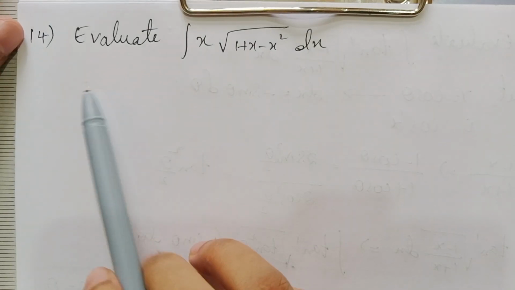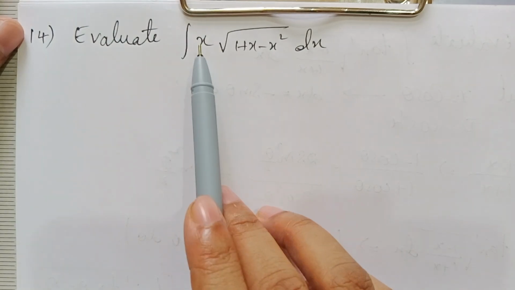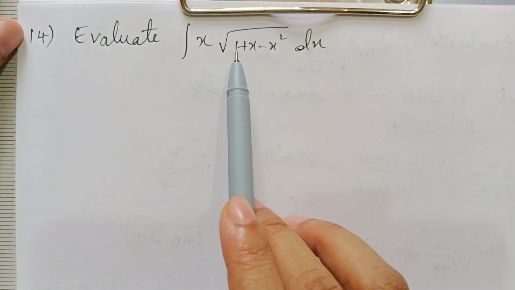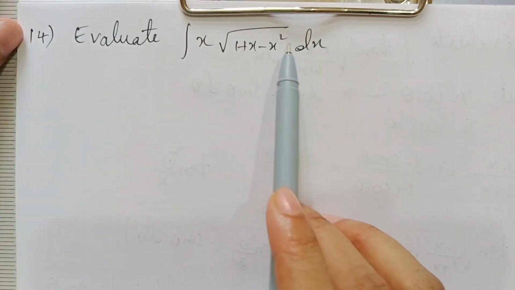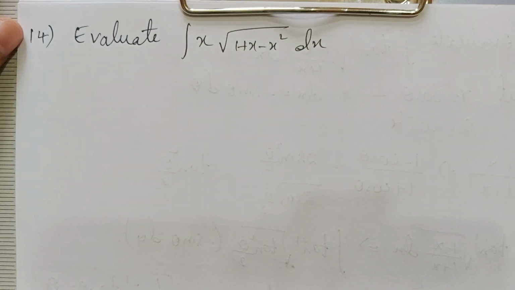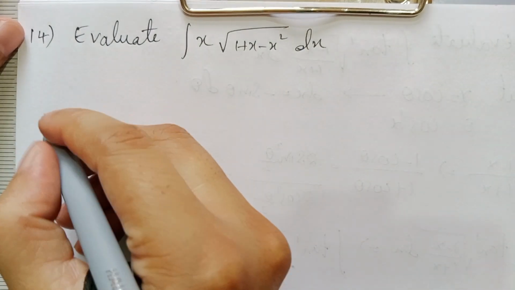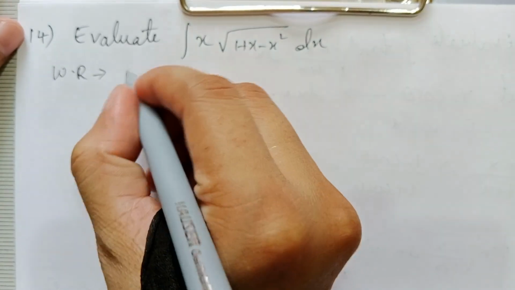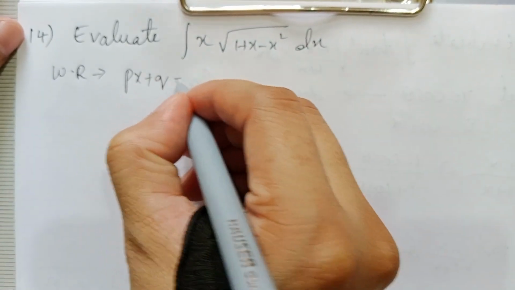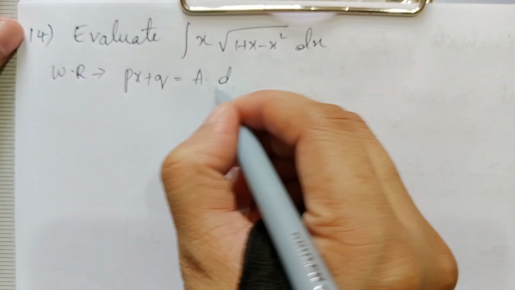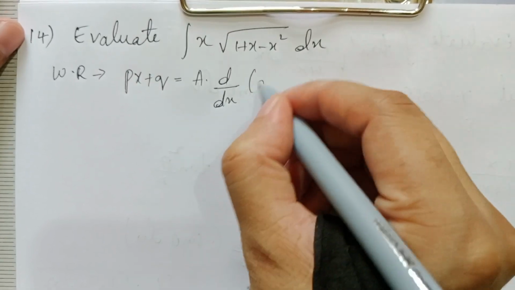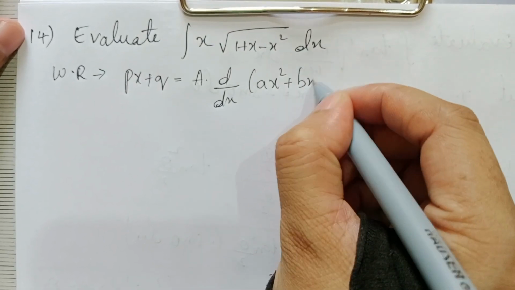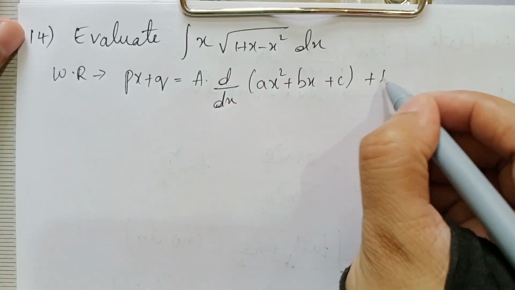Our 14th question is evaluate integral x into root of 1 plus x minus x square dx. So this is in the form of our working rule: px plus q is equal to a into d by dx of the quadratic function ax square plus bx plus c, plus b.